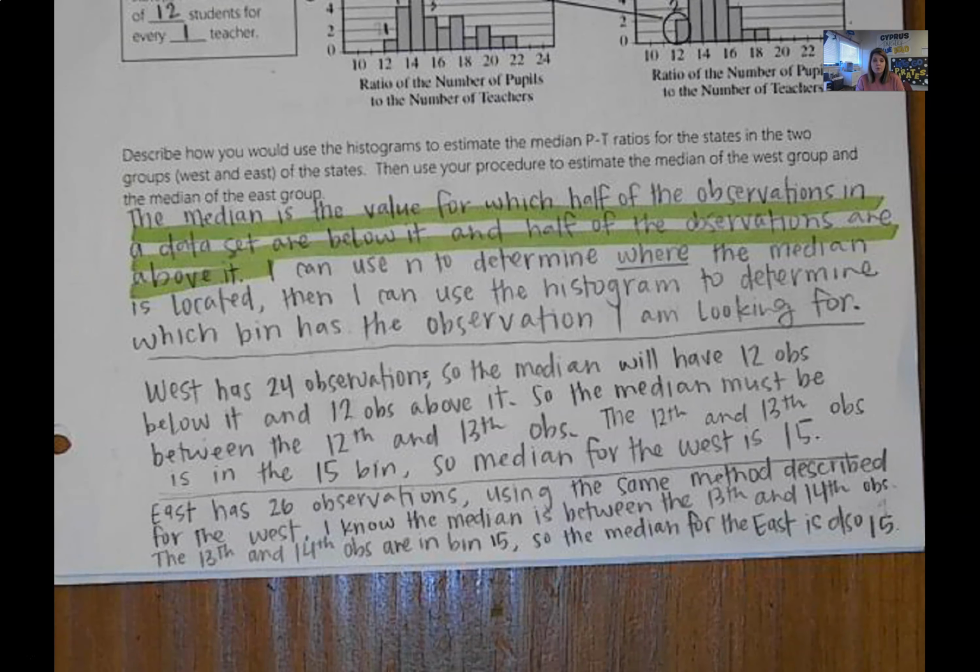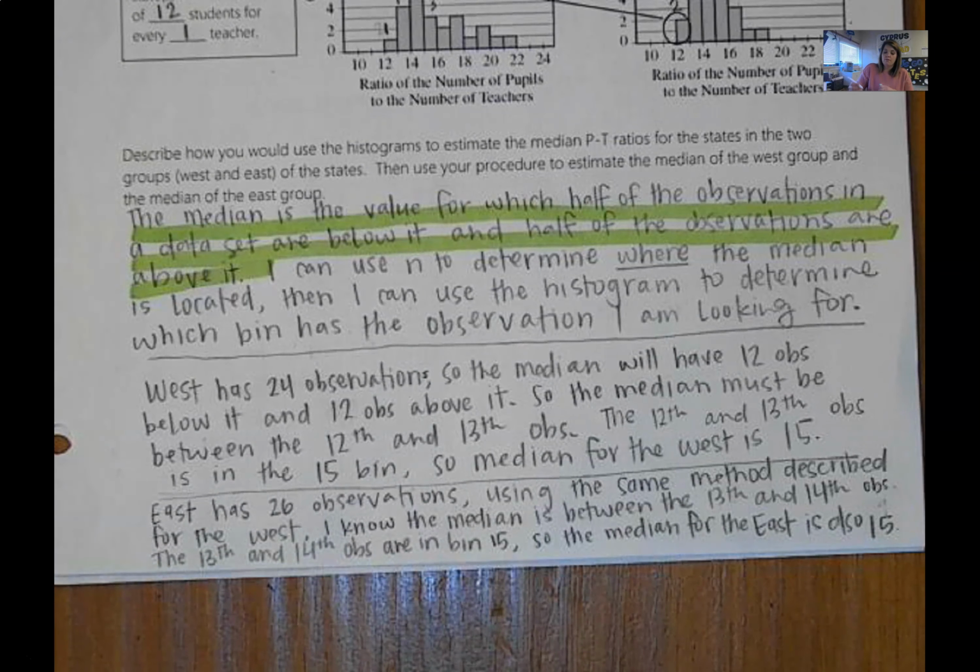Half of 24 is 12. So the median must be between the 12th and the 13th observation. The 12th and the 13th observation are in the 15 bin, so the median for the West is 15.